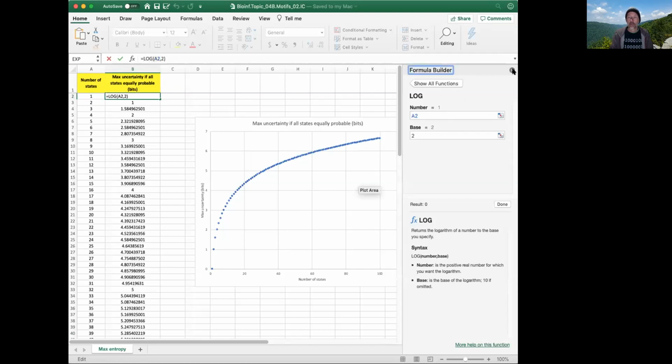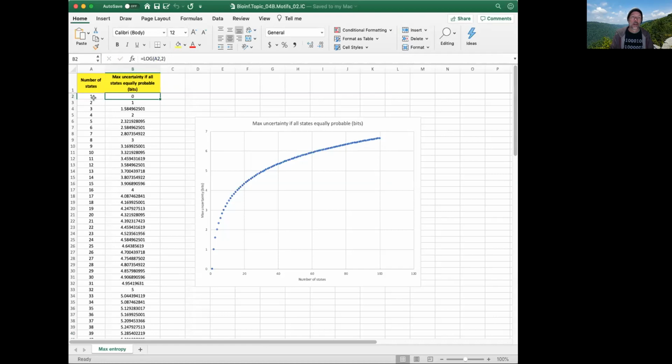Here again, we'll close that. I am using a cell reference instead of an actual number here. That's why this is blue in my incarnation of Excel. It also highlights the cell here. So I'm telling Excel, calculate the log base 2 of the number of states, where the number of states is encoded in these cells here.